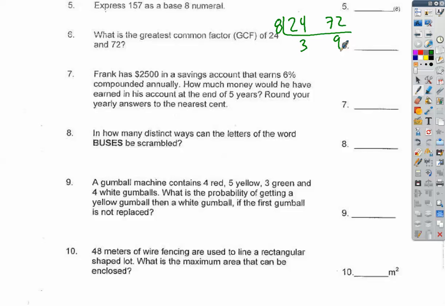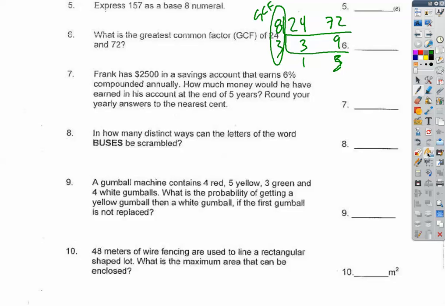So then the next question is, what else goes into the 3 and 9? Well, I know 3 goes into both of them, so that's 1 and 3. So 8 times 3 is 24. So this is going to be my greatest common factor right here. So that is just a straight 24.